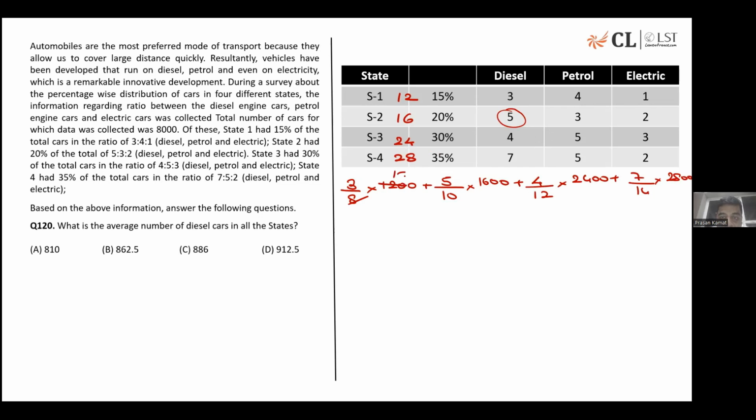So this is again 150 into 3 is 450. This would have been cut. 160 into 5 is 800. 12 2s are 200 into 4 is again 800. And this would have been 200 into 7, which is 1400. This is divided by 4.